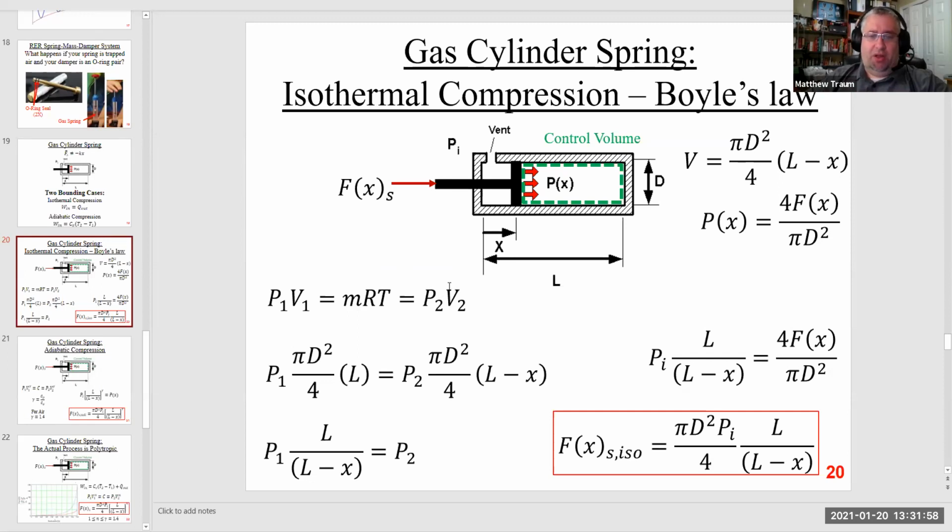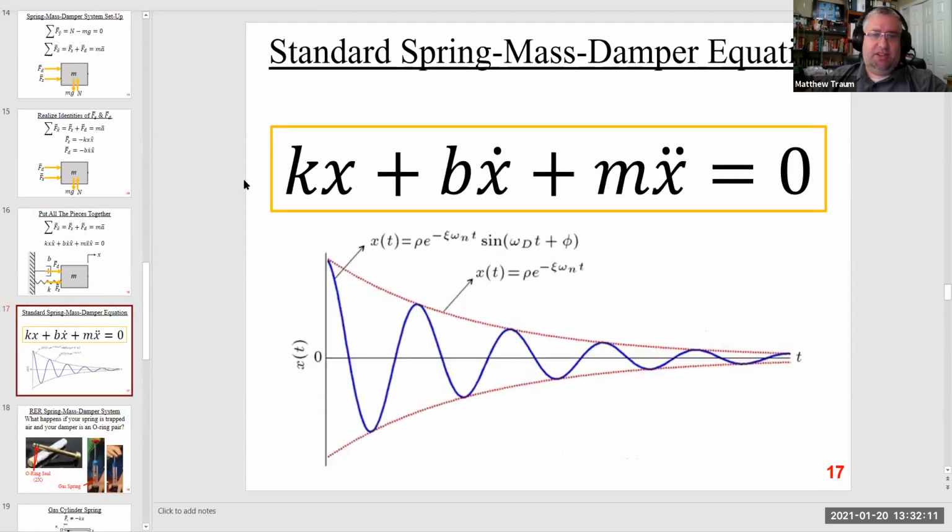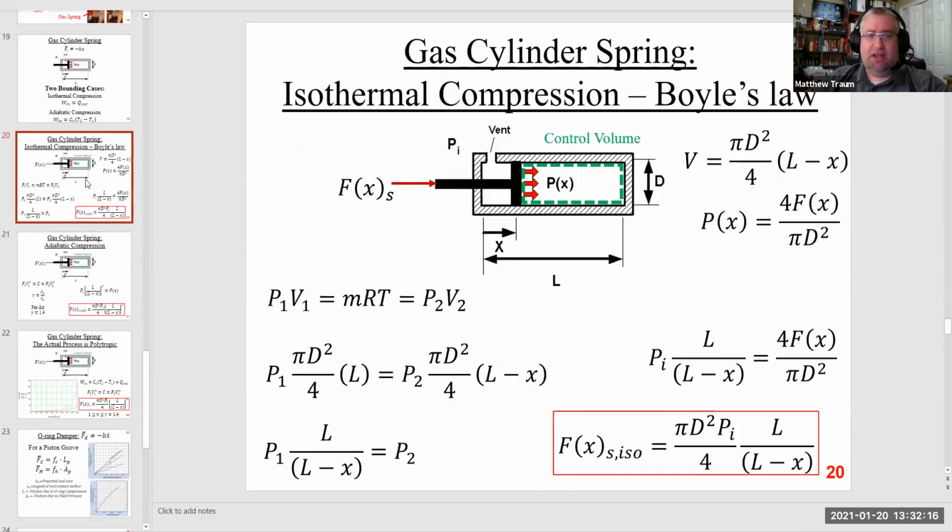We're going to use Boyle's Law to figure out what sort of force the gas induces on this piston, which ultimately is going to be our spring force that we're going to plug back into this equation to replace this term when we go back into the dynamics analysis. So how do we do that? I've got two definitions here.